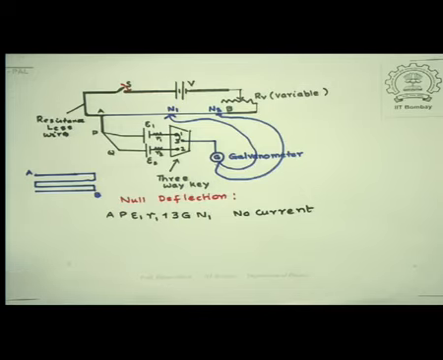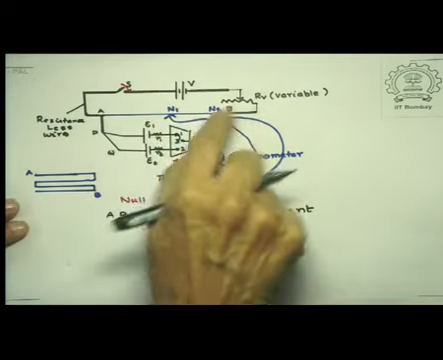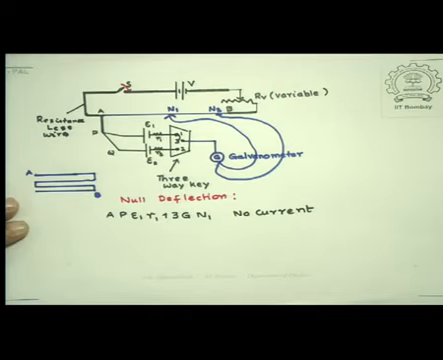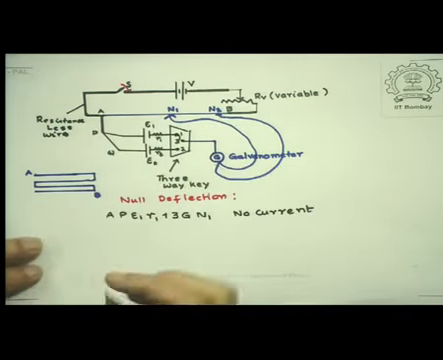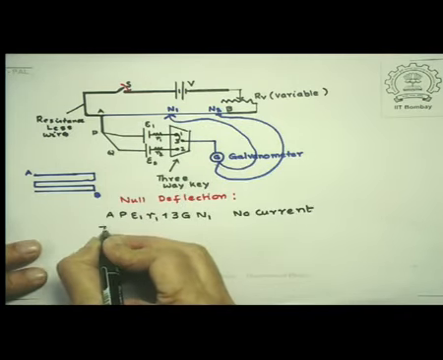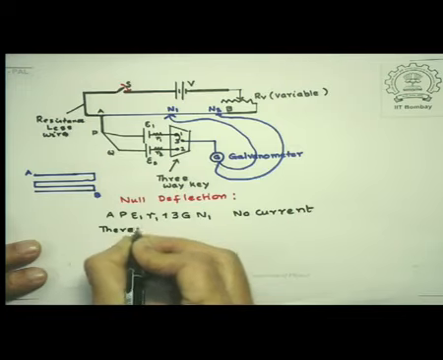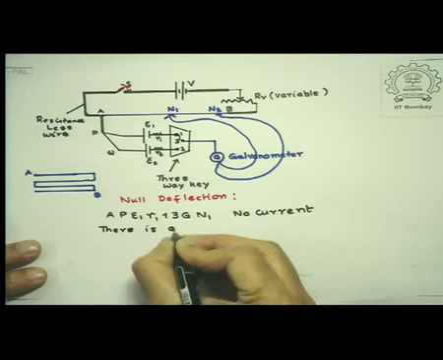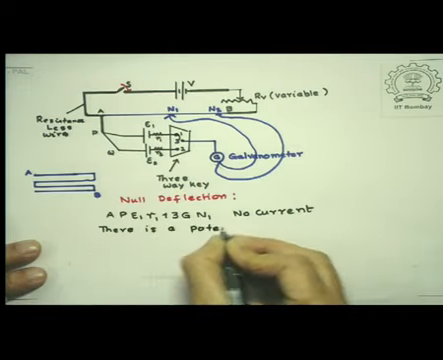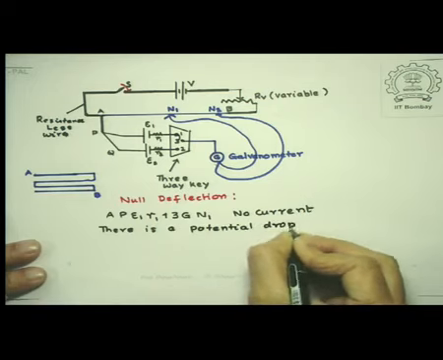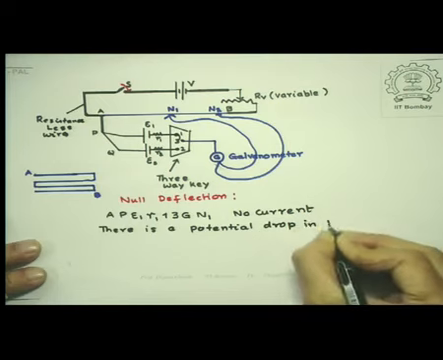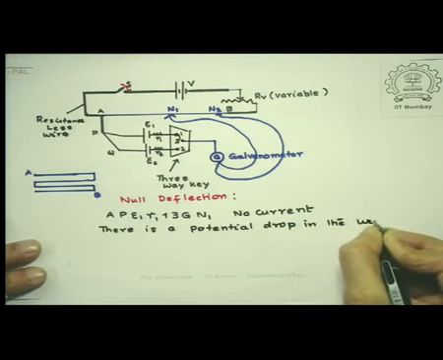However, because the V sends a constant current through the section BA, there is a potential drop across the wire AB.